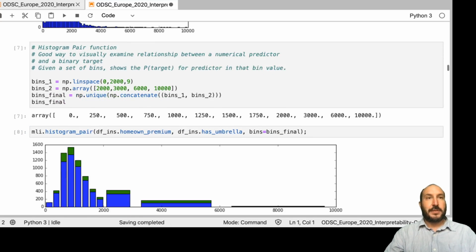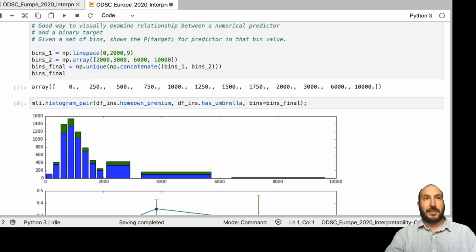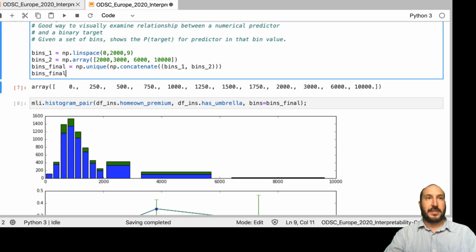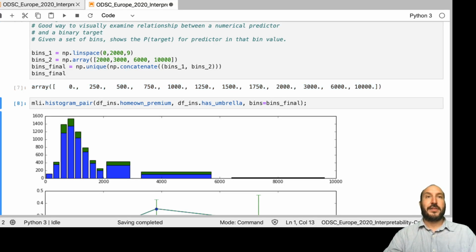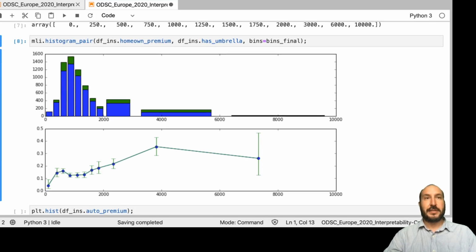What this lets you do is create a set of bins. In this case, I wrote a few lines of code to make bins that have width 250 up to 2,000, and then one more bin between 2,000 and 3,000, another between 3,000 and 6,000, and another between 6,000 and 10,000. Now when I run this cell, I get two things.